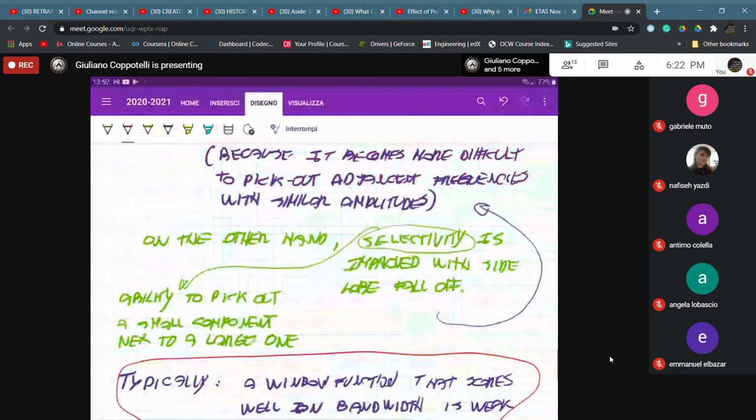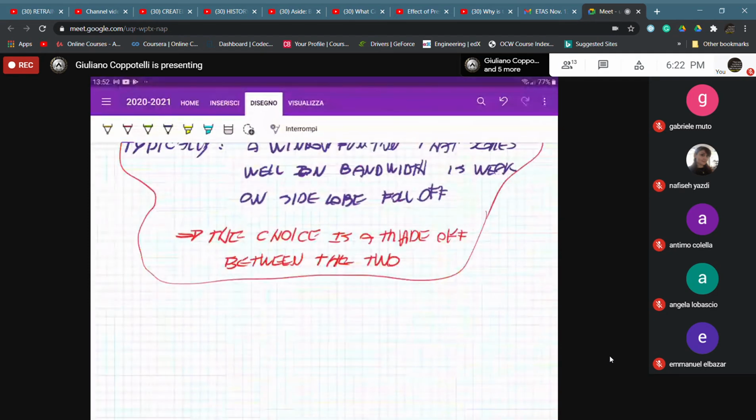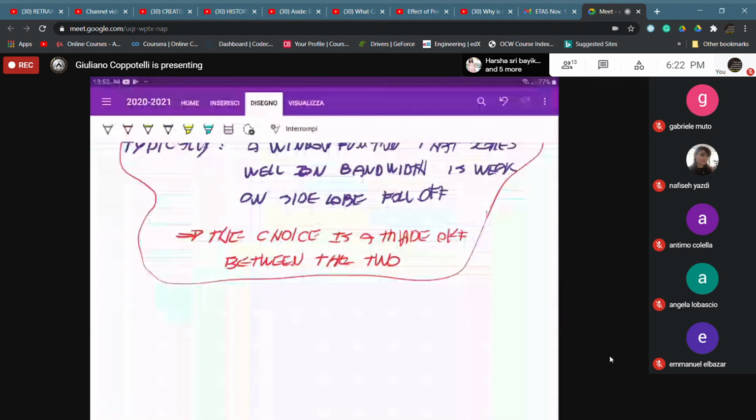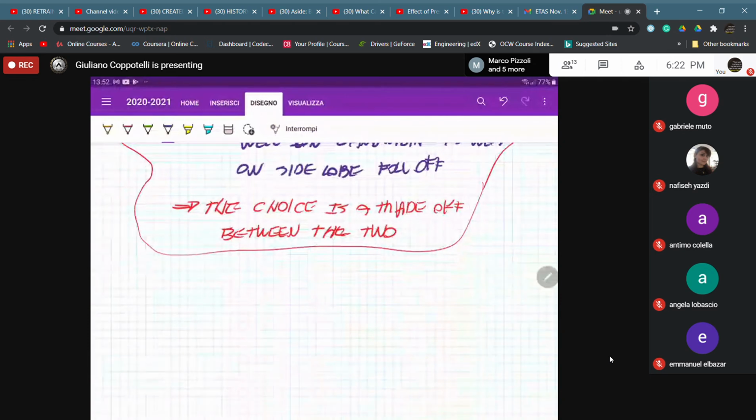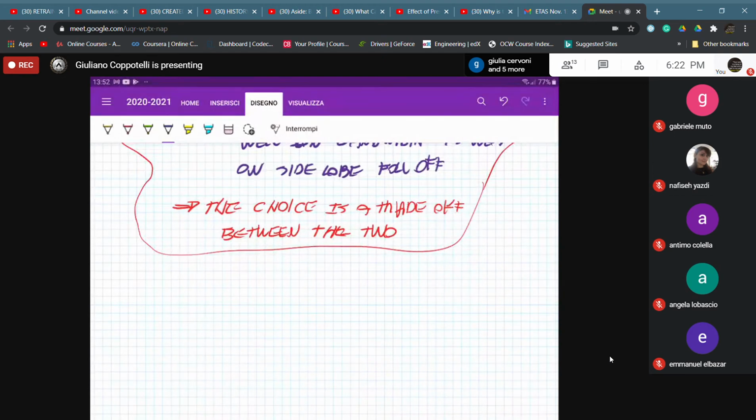So just to consider possible windowing functions, let me introduce them and how we can choose them.